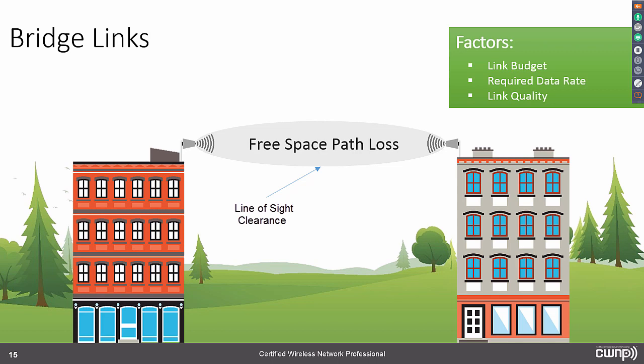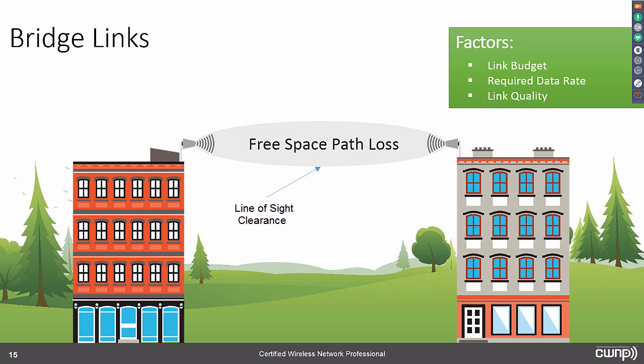And as it does, the RF energy available at any specific point in space becomes weaker and weaker. And so therefore we have loss in amplitude as the RF wave travels through space. And we have to factor that into our link budget and make sure that we have the antenna gain and the right output power to accomplish the signal strength required at the receiving end so that we can achieve our data rate.